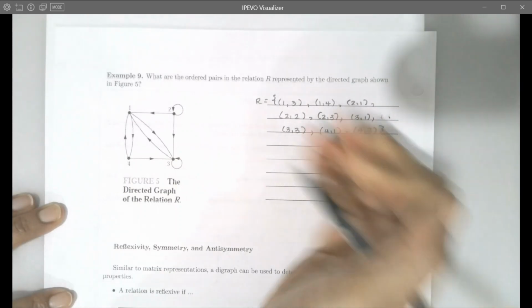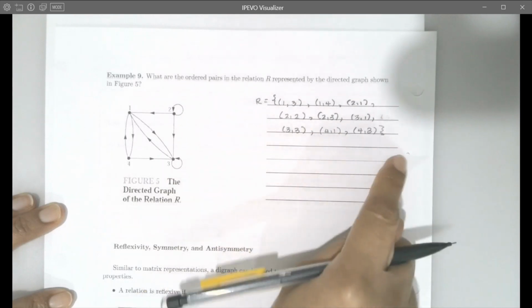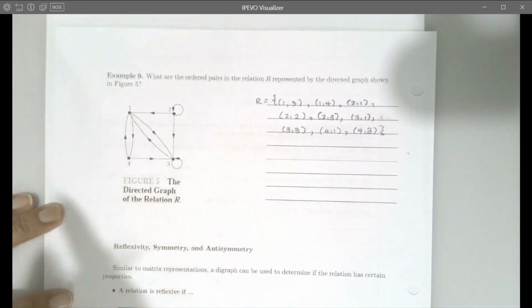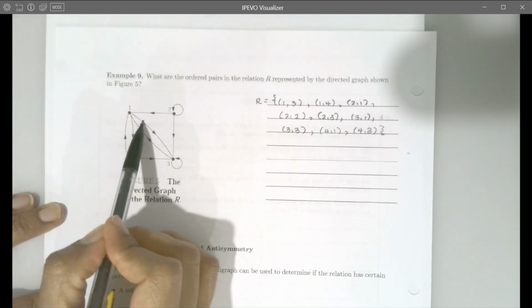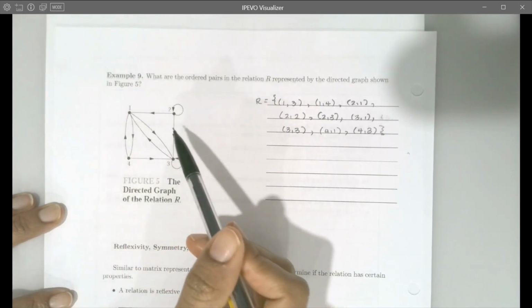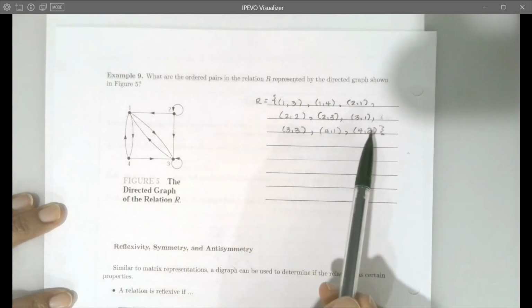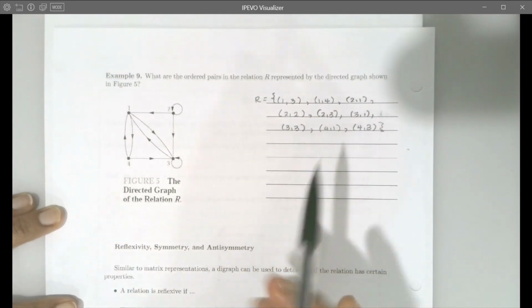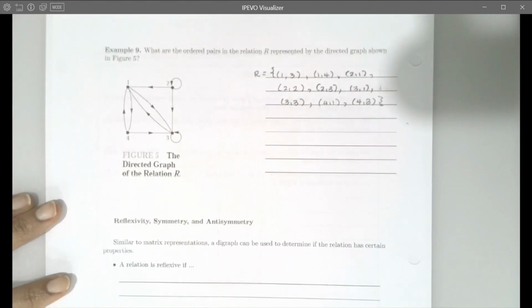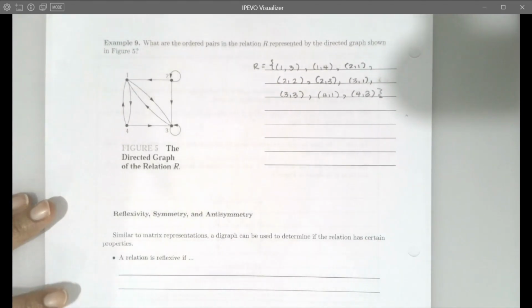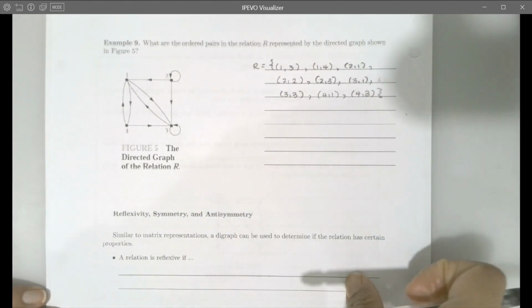And just to make sure, the number of ordered pairs should be consistent with the number of edges. If we count the number of edges, we have 4, 5, 6, 7, 8, and 9. So here we also have 9 ordered pairs. That is a good indication that perhaps we have it correctly.